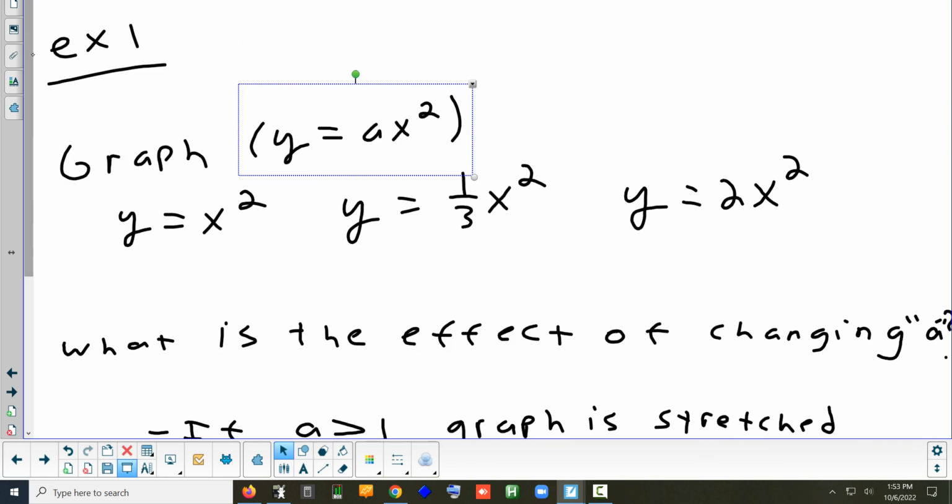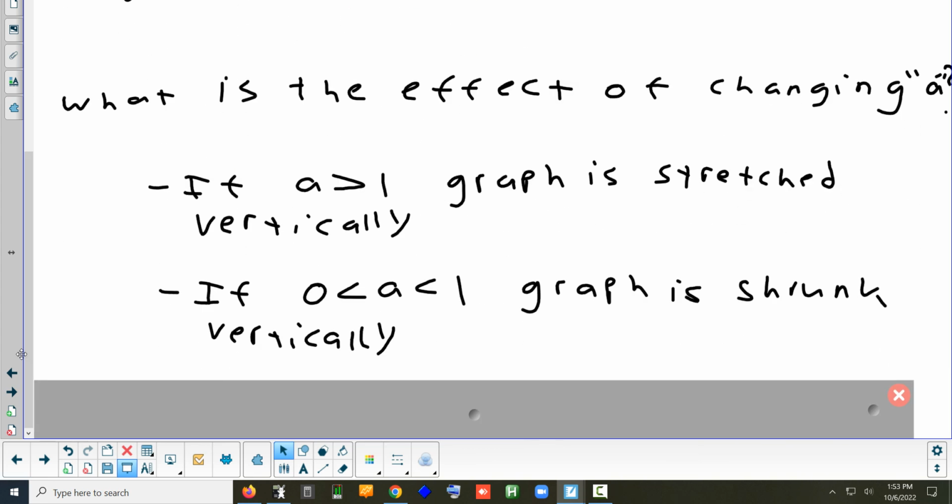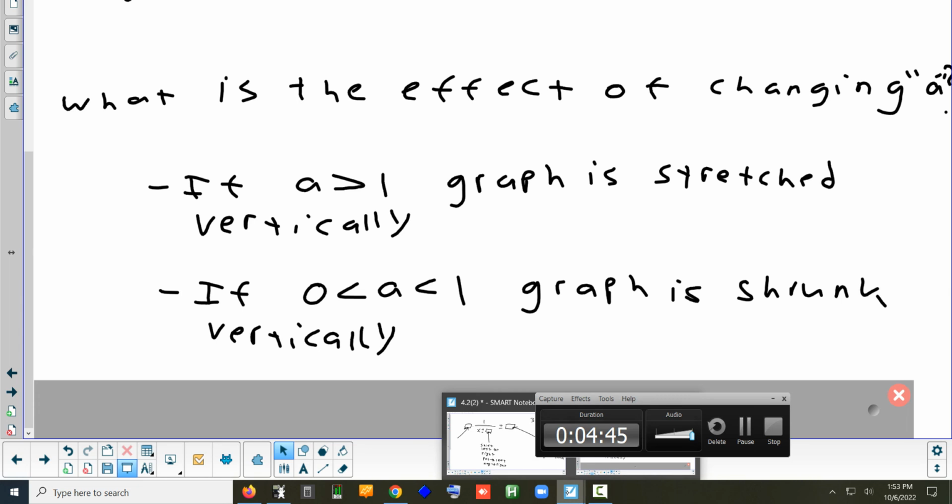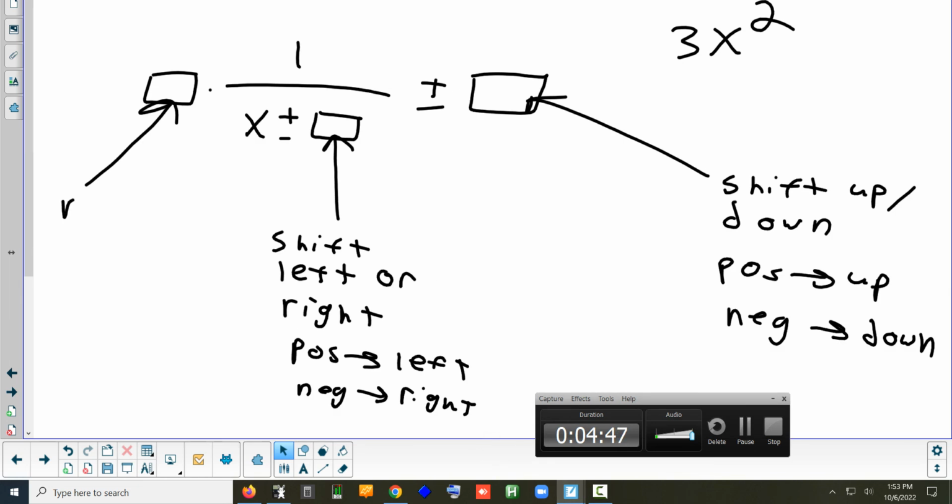Vertical. So when you have a function and you put a number in front of it, it will either stretch or shrink vertically. When does it stretch? If you multiply by a number in front that's bigger than 1. When does it shrink? If you multiply by a fraction, like 0.5, 0.6, something like that. So this is a vertical stretch.